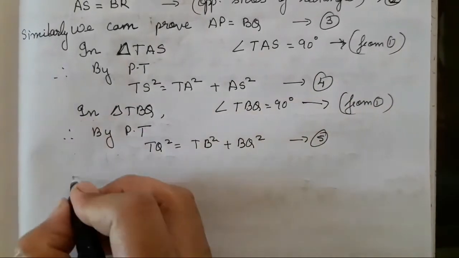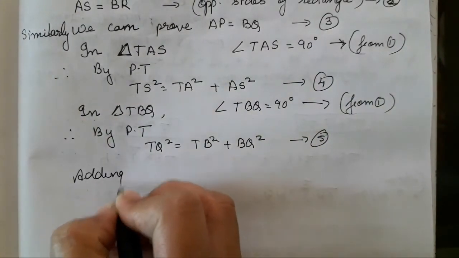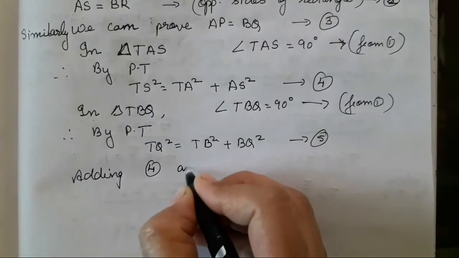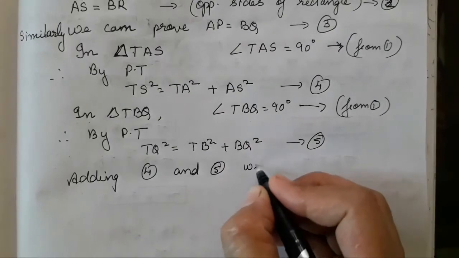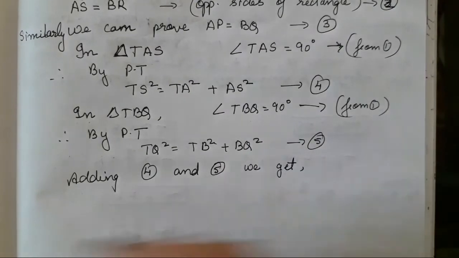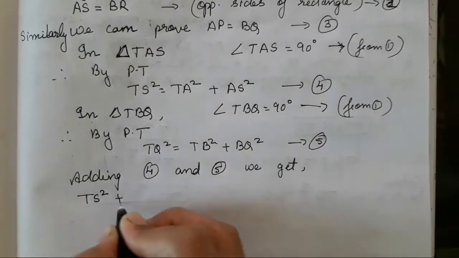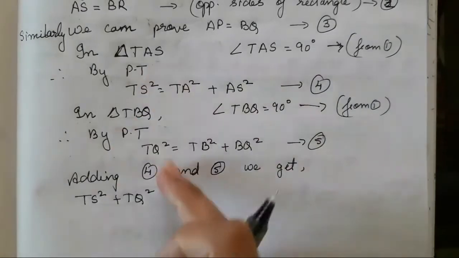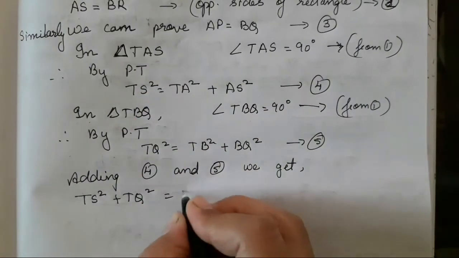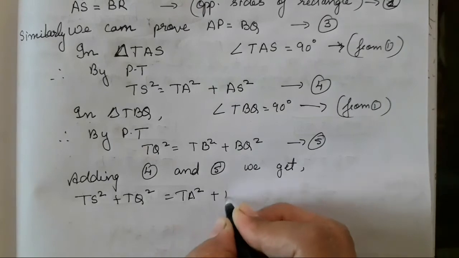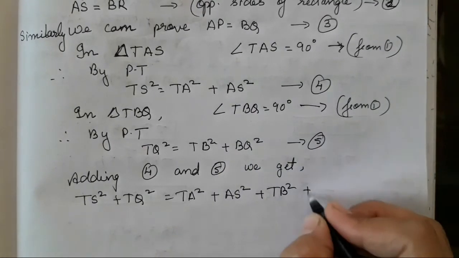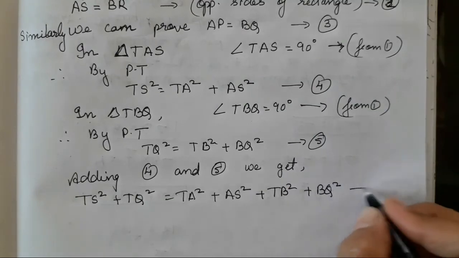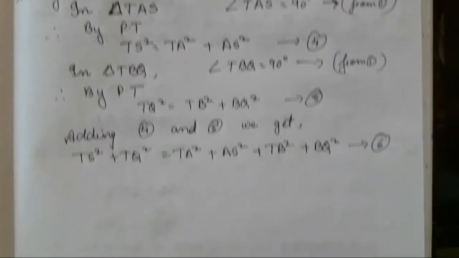Now adding fourth and fifth: TS square plus TQ square on the left hand side, then TA square plus AS square plus TB square plus BQ square. Let's keep this as the sixth reason.